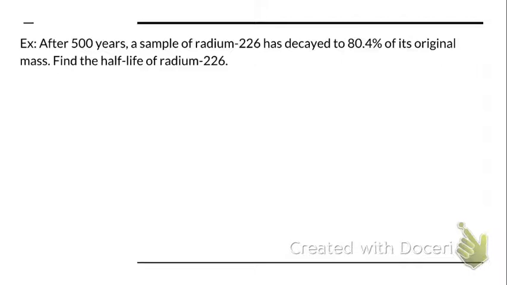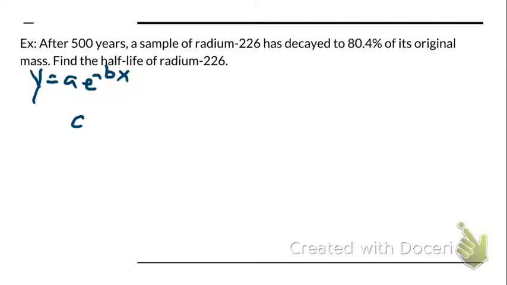Alright, so we're going to plug stuff in. We know it's exponential decay, so we have y is equal to a times e to the negative bx power. We don't know the original amount, and we don't know b. But we know that when x was 500, it's going to be 80.4% of the original.